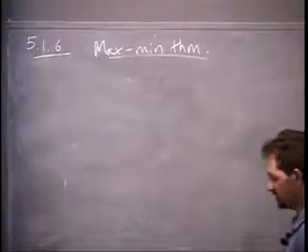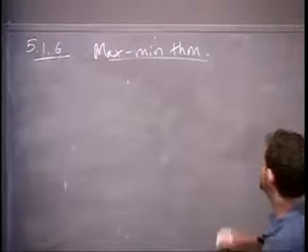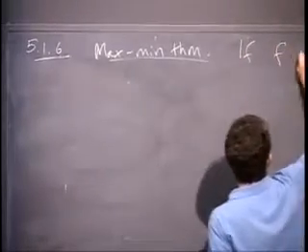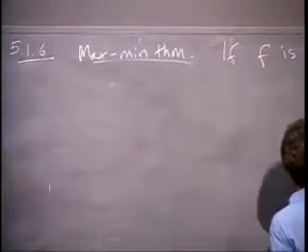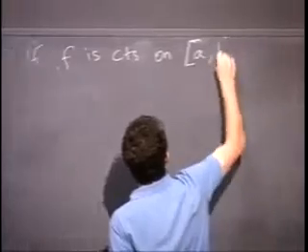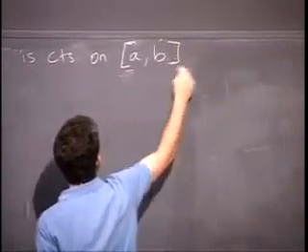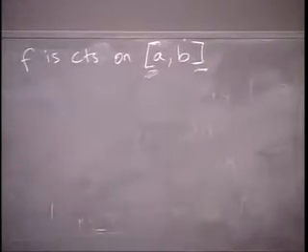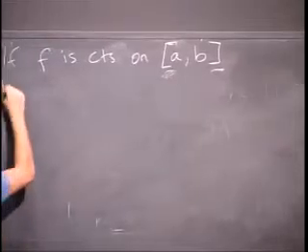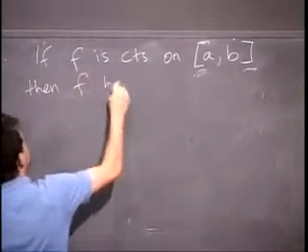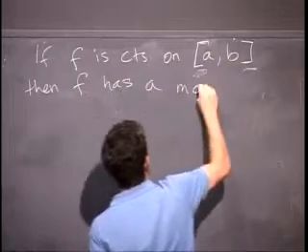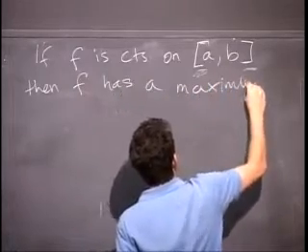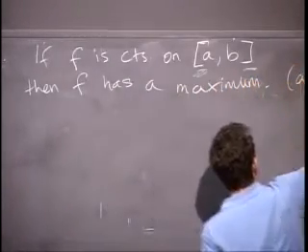Okay, so the max-min theorem. Here's what it says. If f is continuous on a closed interval, and it's vital that this be closed or else the theorem is not true, then f has a maximum and a minimum.